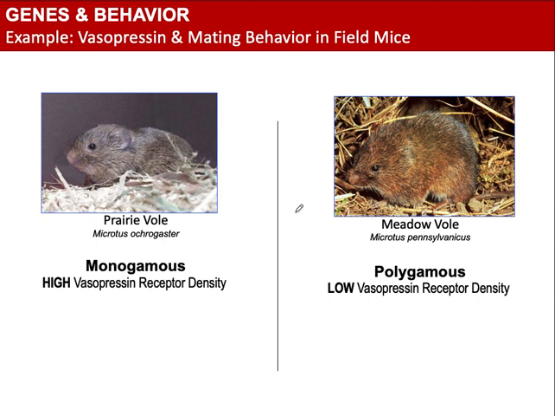One is monogamous and has high vasopressin receptor density, whereas the other one is polygamous and has low vasopressin receptor density. So the monogamous species, in other words, are better able to receive the vasopressin hormonal signal, which again we think is related to pair bonding.